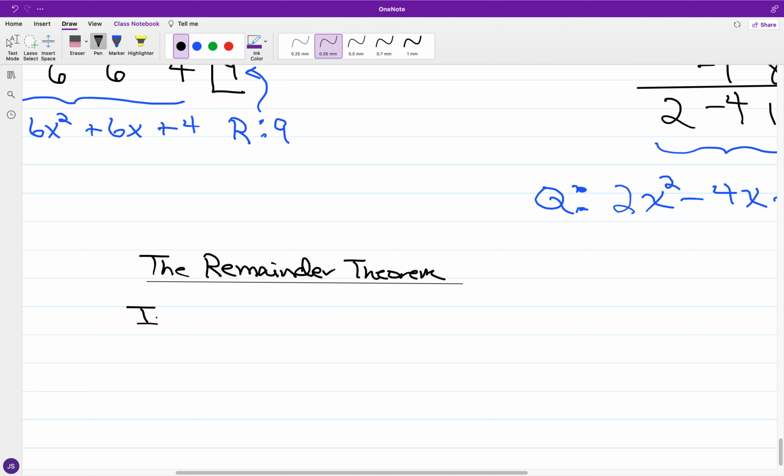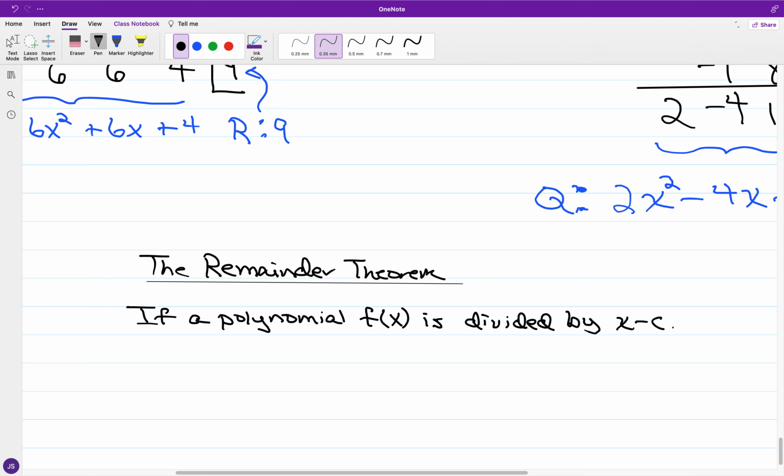And it states that, and this is going to be reminiscent of the determination of function values, say if a polynomial function f of x is divided by x minus c, then the remainder will be f of c.